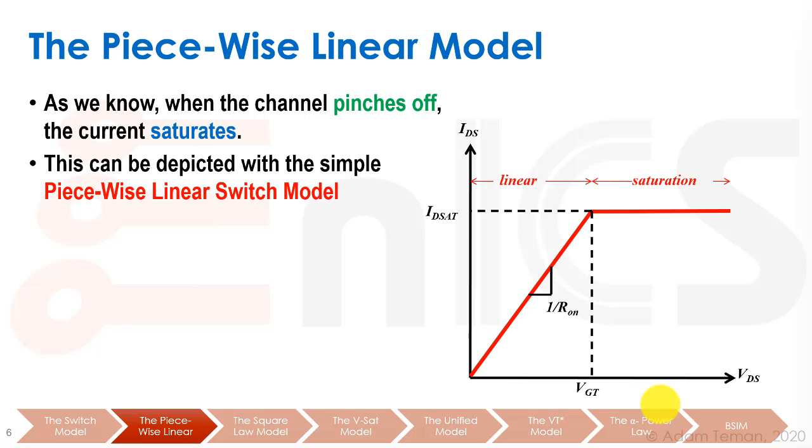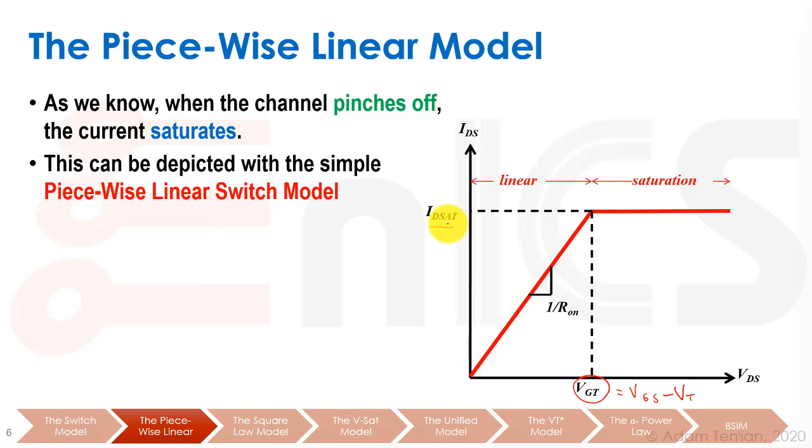As long as VDS is rising up to this magical parameter, VGT or VGS minus VT, we're rising with this 1 over R on constant slope. But once we reach that, our channel pinches off, we saturate, and our current stays constant at what we call IDSAT, a saturation current.